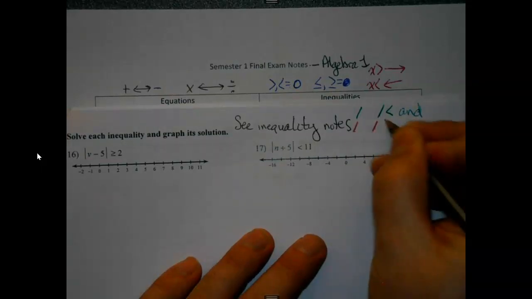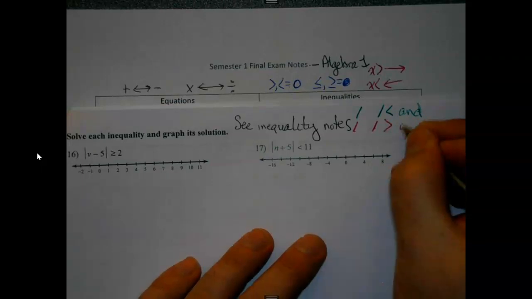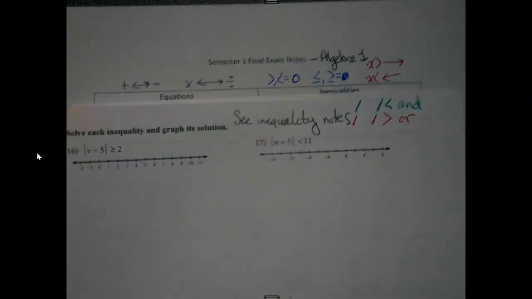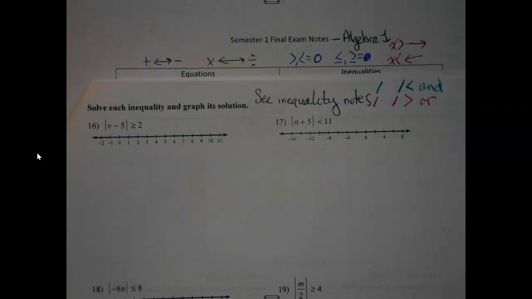If you have an absolute value and it's greater than, the arrow's eating the absolute value, that's going to be an OR statement. So what that does for me more than anything else is it gives me a clue of what the graph should look like.